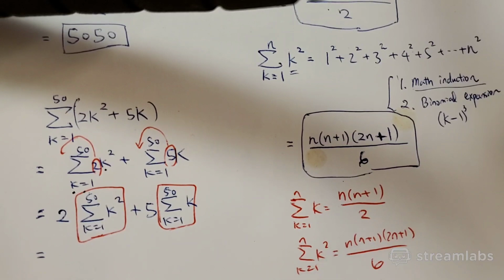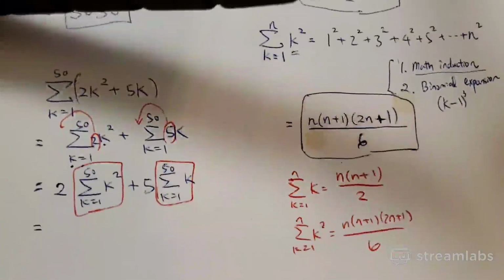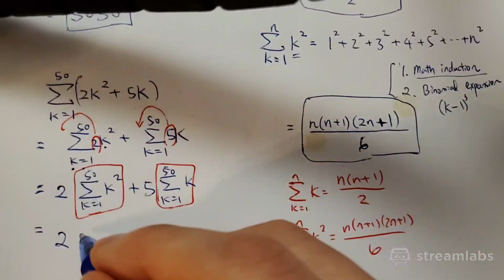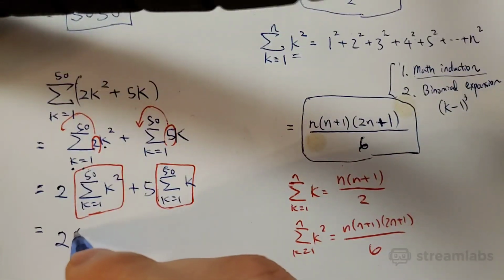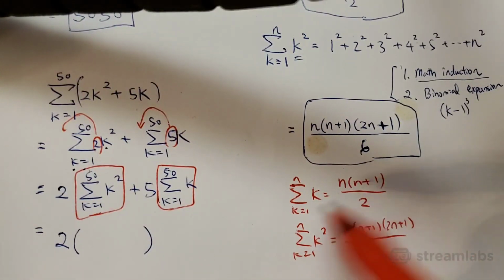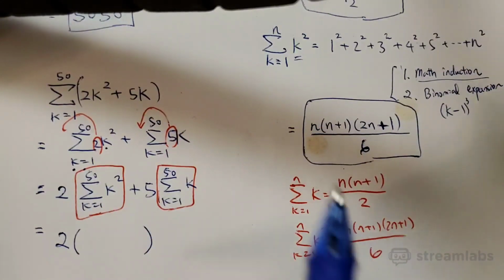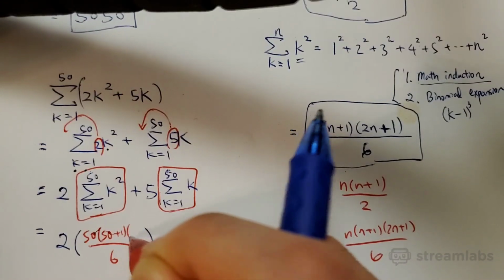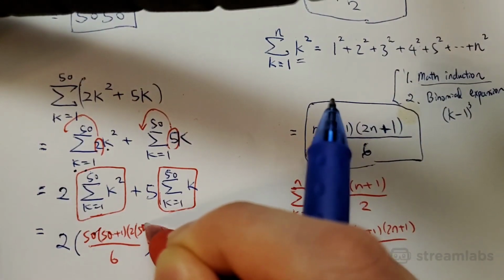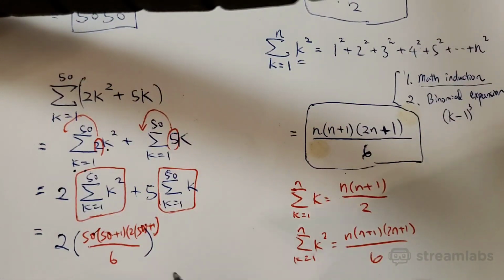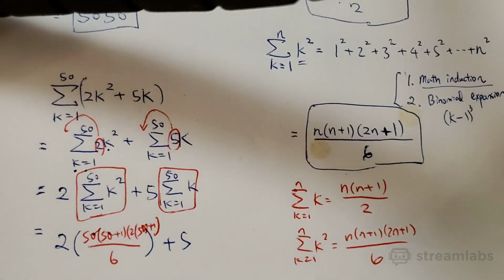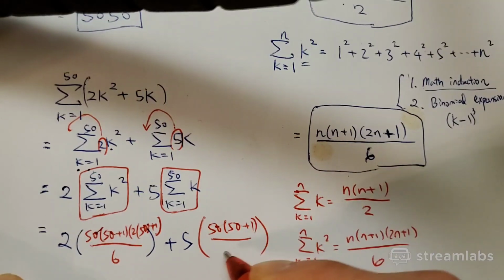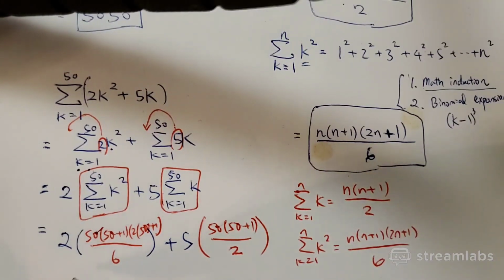So we're going to use the fact that we know this, and I'm going to apply the formula with n equal to 50, because that's where I'm ending. So 2 times, it's going to follow the k squared formula, right? 50 times 50 plus 1 times 2 times 50 plus 1, over 6, plus 5 times 50 times 50 plus 1 over 2. All right, and you calculate this.